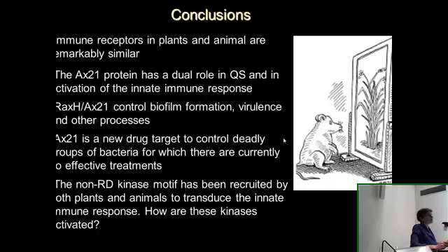We're feverishly working to show that AX21 binds the RaxH receptor. We hope it does. We don't think there are any other examples of a bacterial molecule that binds both a eukaryotic and prokaryotic receptor. We know that the RaxH AX21 combination controls biofilm formation, motility, virulence, and other processes.